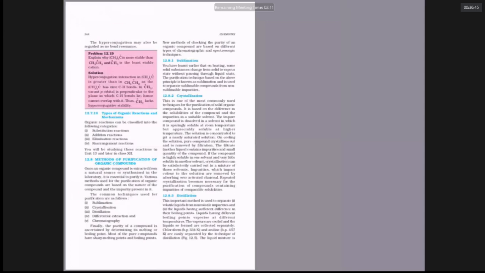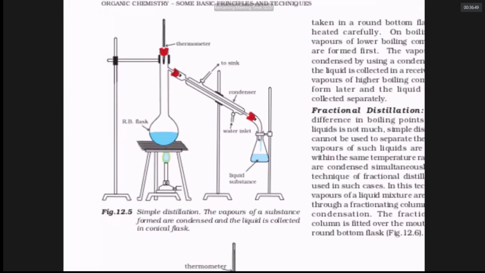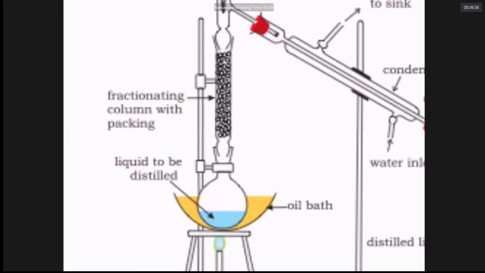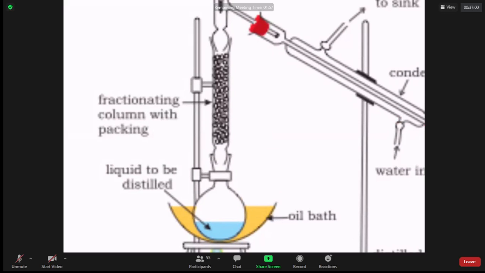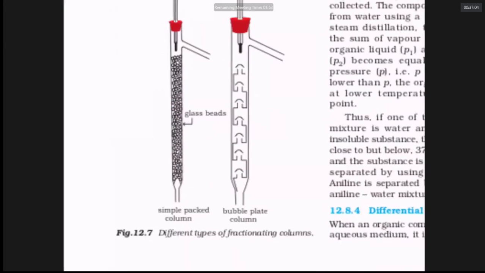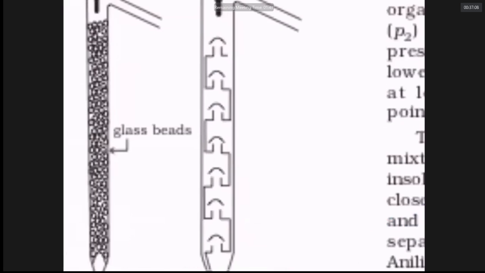Please read the lesson so that you will be getting clarity. Okay, sir? This is the diagram showing simple distillation, aniline and chloroform. This is the diagram showing fractional distillation. This is the fractionating column. The fractionating column can be of different types; it can be filled with glass beads or it can be a bubble plate column.